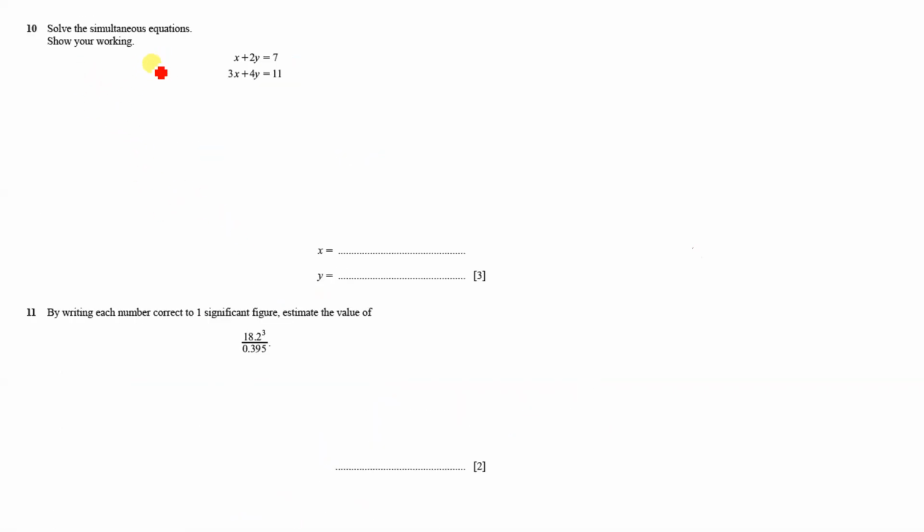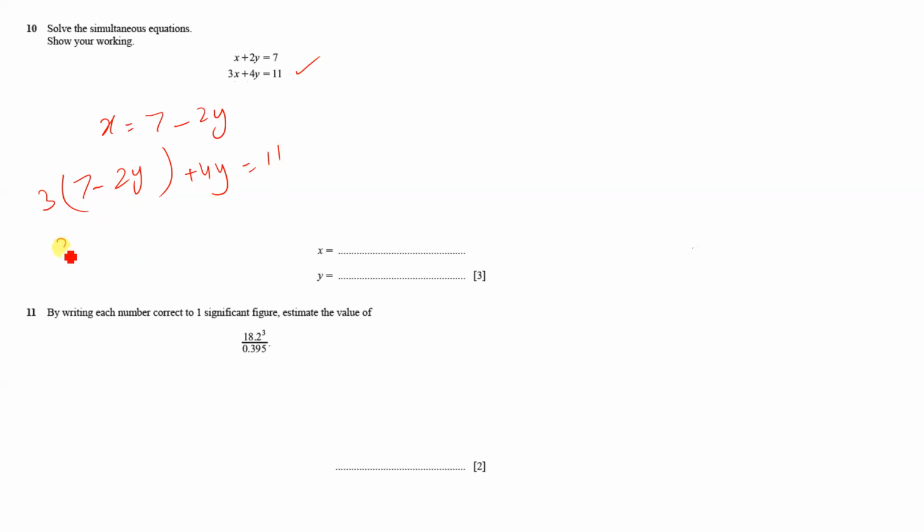Question number 10. Solve the simultaneous equations and show your working. So x plus 2y is equal to 7, 3x plus 4y equals 11. So from equation 1 we have x is equal to 7 minus 2y. So substitute this value of x in equation 2 to eliminate x from equation 2. So we have 3 times (7 minus 2y) plus 4y equals 11.